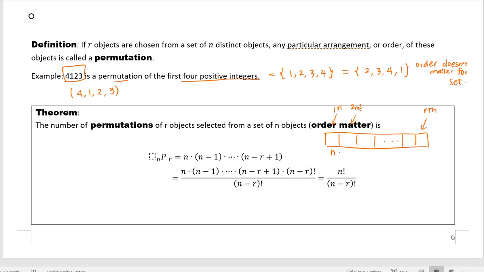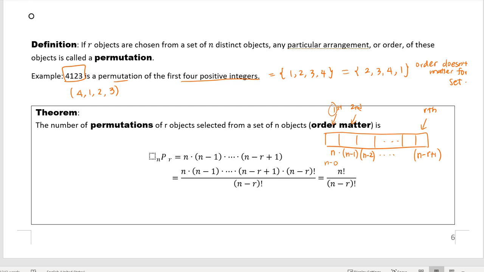For the second box, because we already picked one, now we have n minus 1 possibilities. And then we continue. What is the last one? The last one is actually n minus r plus 1. Why is that? Find the pattern. n is like n minus 0.